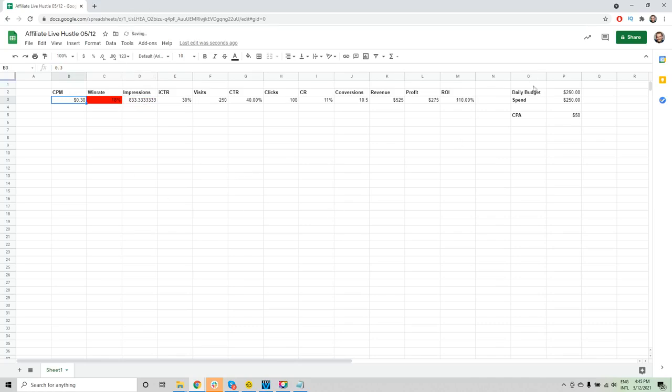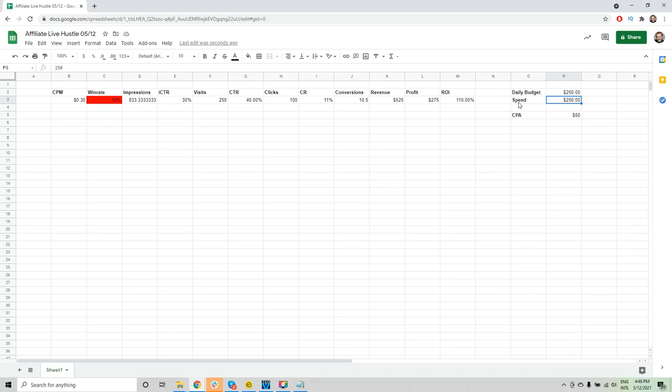However, with our previous CPM, we were getting more impressions because we're paying less per impression, all right? And because there is no room in the daily budget anyway, it doesn't make sense to start paying more, all right? So very important, if your daily budget is spent completely, do not increase any bids. It just doesn't make sense.